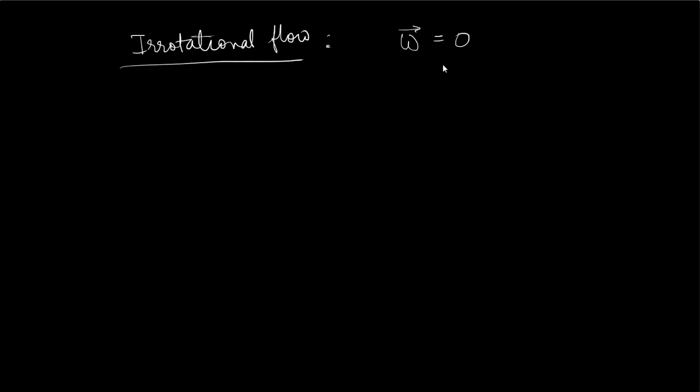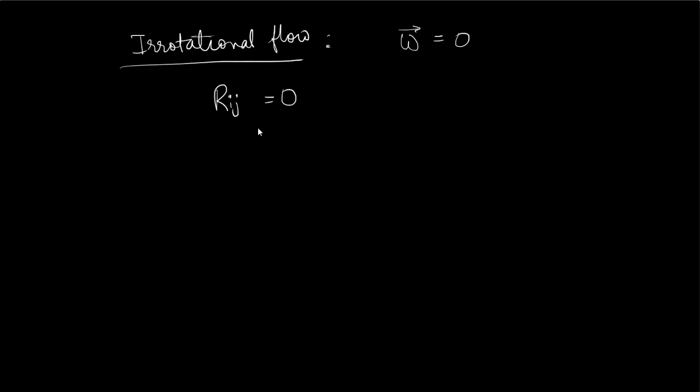So after vorticity, we come to what is an irrotational flow. An irrotational flow is something which has a zero vorticity. Meaning that all the components of Rij, the rotation tensor, will be zero.